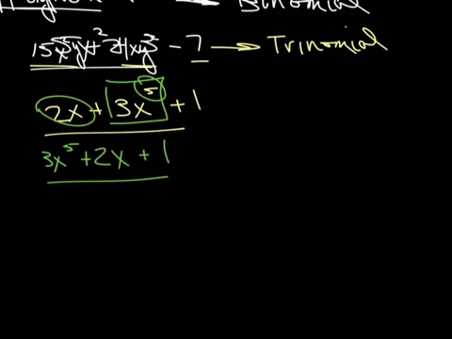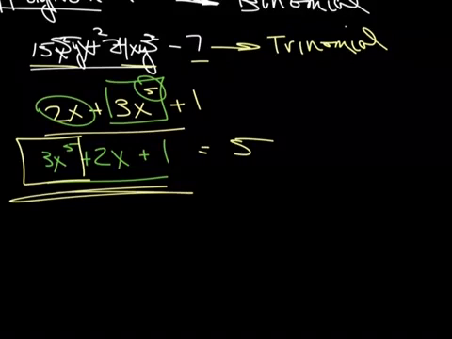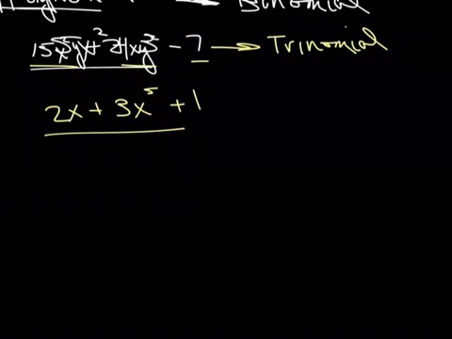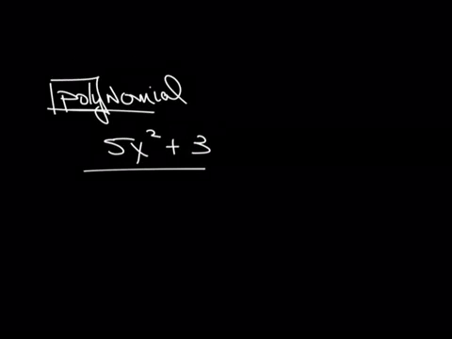Once it's in that form, the degree of the first term is the degree of the entire polynomial. So the degree of that whole polynomial is 5. Okay, so we don't do a whole lot with degree of polynomials at this point, but it is good to be familiar with what's going on here.